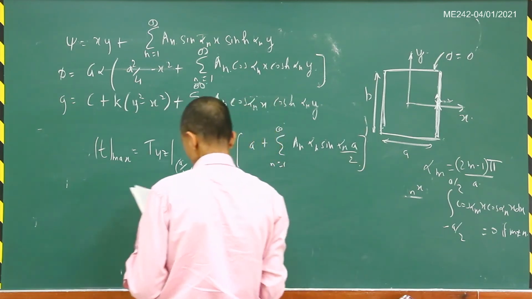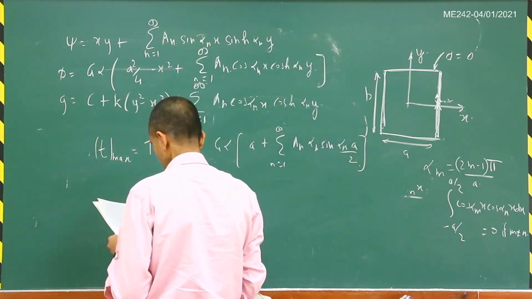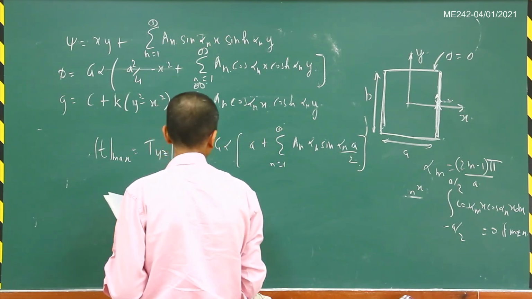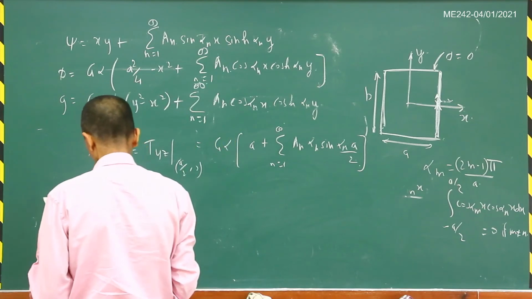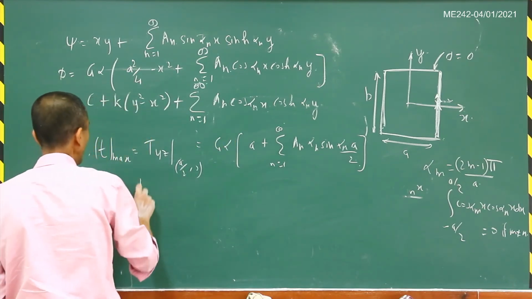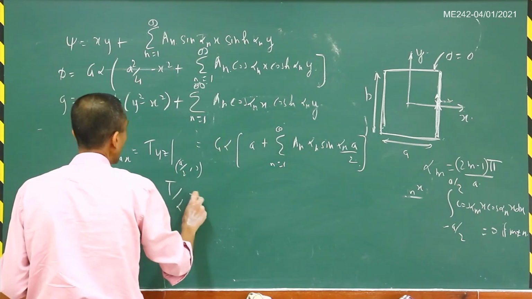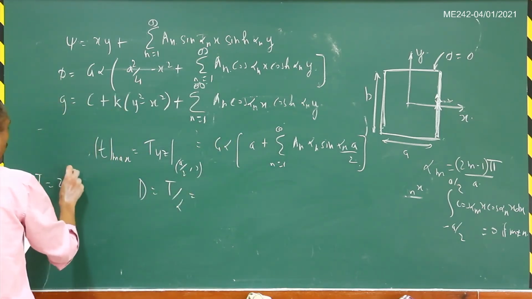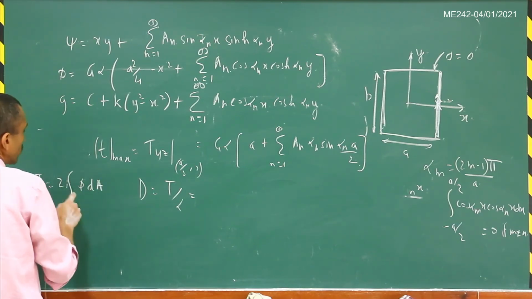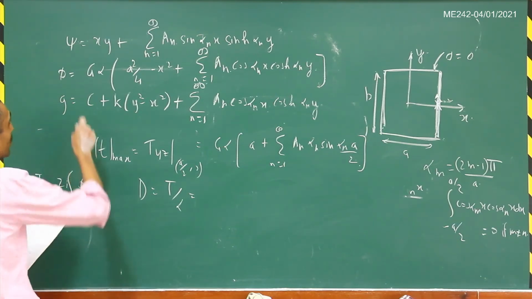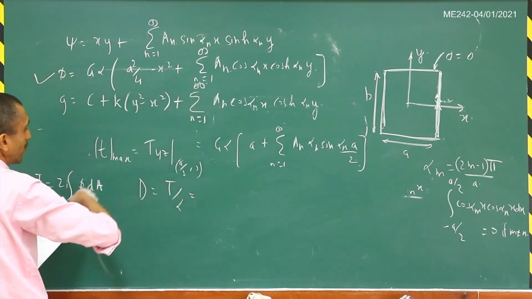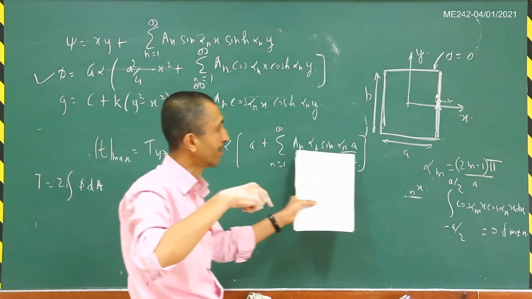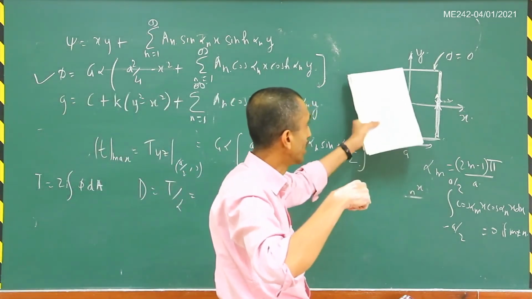So this is the maximum shearing stress, and one can also find out the torsional rigidity corresponding to this. So you will get D, which is equal to T by alpha. For this you need to carry out the integration. T is equal to 2 times the integral of phi dA. One can integrate this function phi between the limits for x from minus a by 2 to a by 2 and for y from minus b by 2 to b by 2.